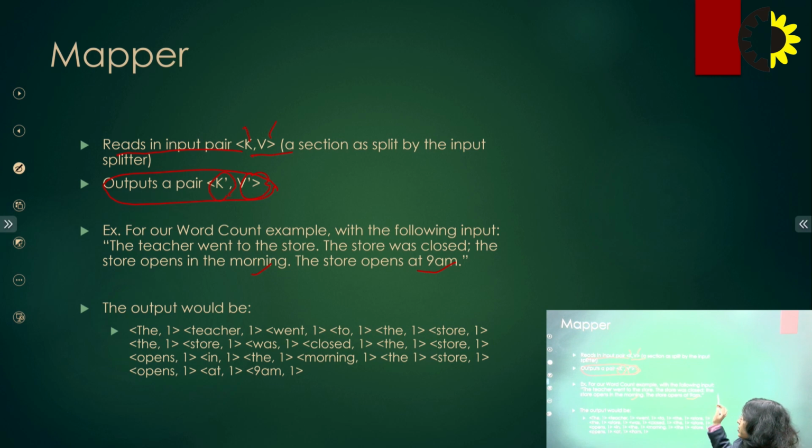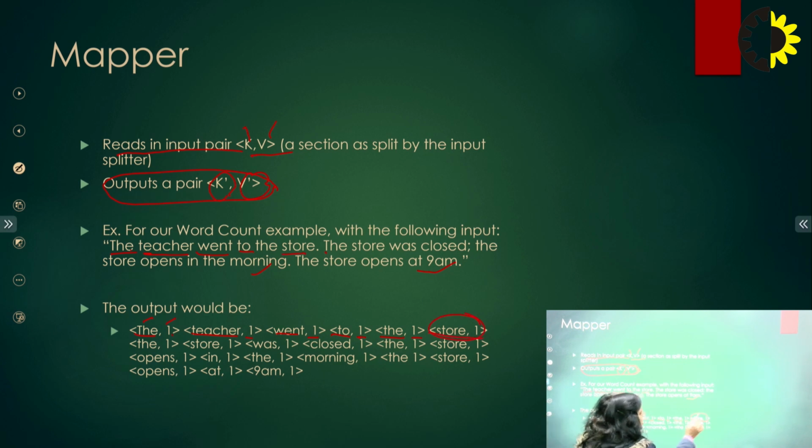So first, when we see this whole paragraph, we apply the splitter. The task is to assign each word its frequency. We start from here: the, frequency is 1. Next, teacher, frequency is 1, meaning it occurs one time. Next went, then to, store, each with frequency 1.